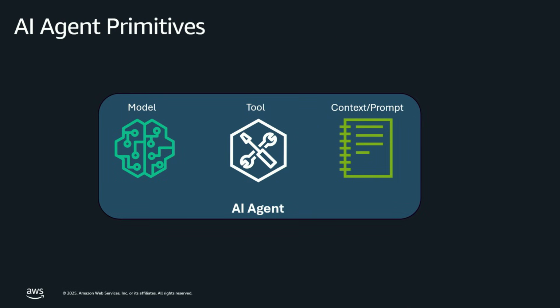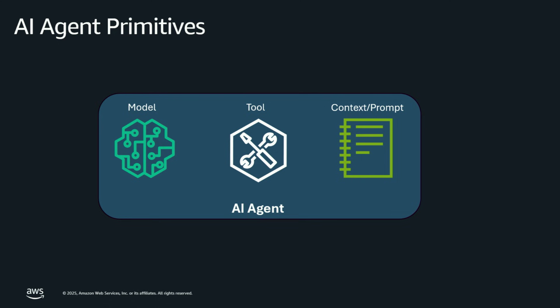Now, before I show how to build an agent using Strands, let me share at a high level how Strands works internally. At the core, every AI agent has 3 primitives: prompt, tool, and model. Here, the agent is the orchestrator that executes a task using these primitives as many times as needed.